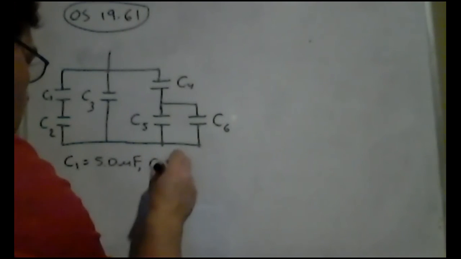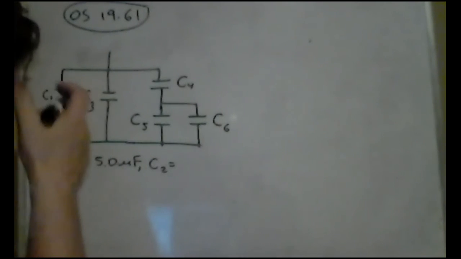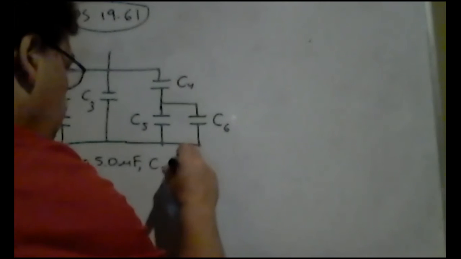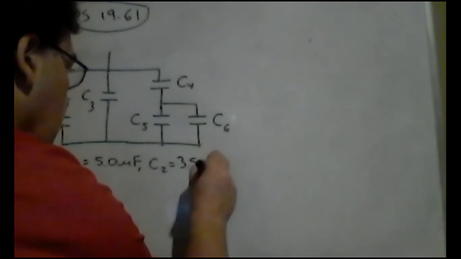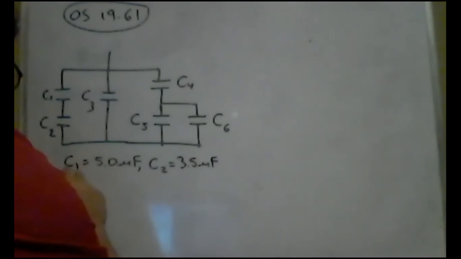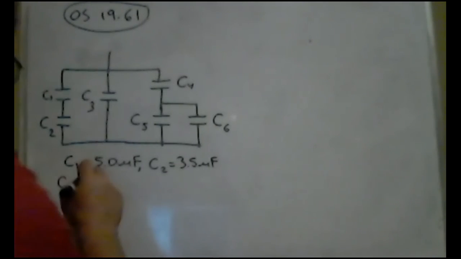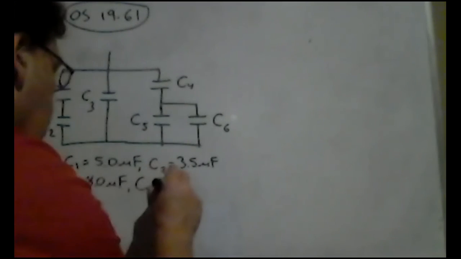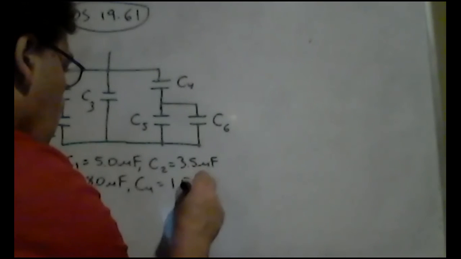C2 is 3.5 microfarads. C3 is 8.0 microfarads. C4 is 1.5 microfarads. C5 is 0.75 microfarads.